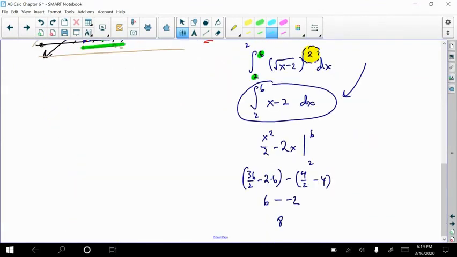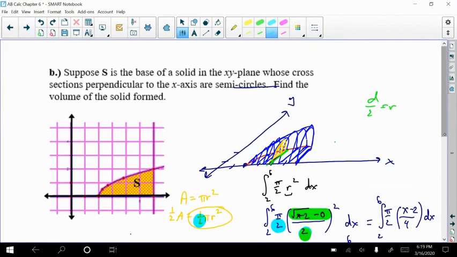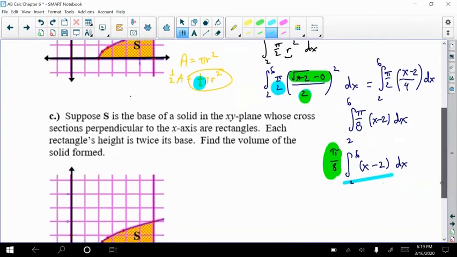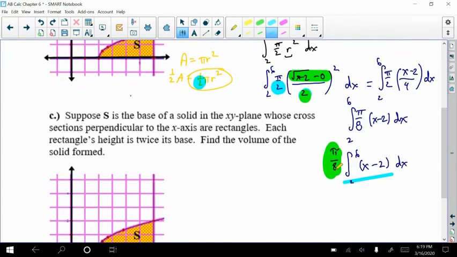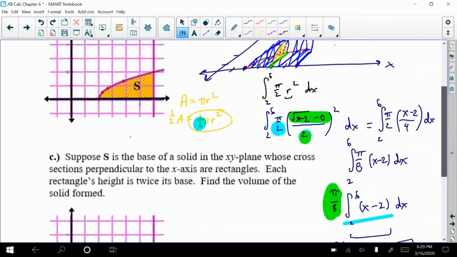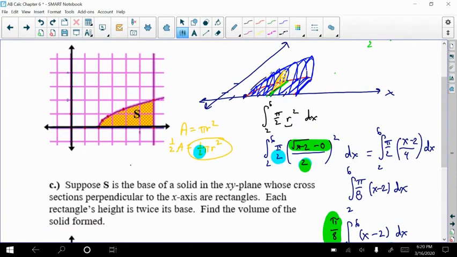So now on this example, if that's the case, and we know that the semicircle is pi over 8, we would get an answer that's equal to 8 times pi over 8, which nicely turns out to pi. And again, that's the volume. That's how much space is within this 3-dimensional shape.